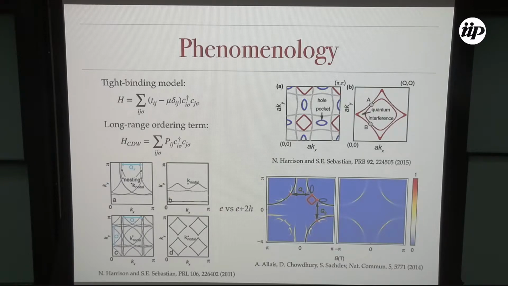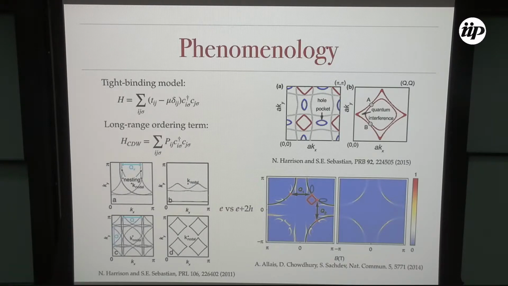They predicted that this Fermi-surface can exist, but it's not a real Fermi-surface, as they said.